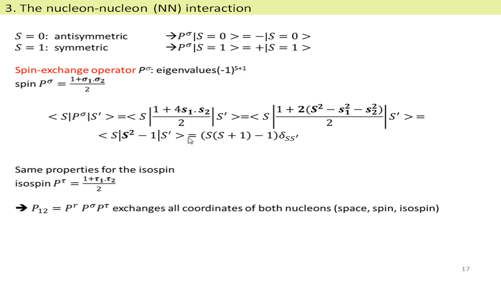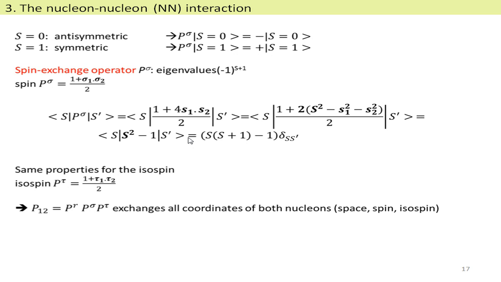So we can write that in this simple notation. Let's consider a spin exchange operator, and at the moment I don't specify what this operator is, but let's assume we have an operator P sigma, and sigma is 2 times the spin. It's a tradition to call that sigma instead of S because it's 2 times the spin.